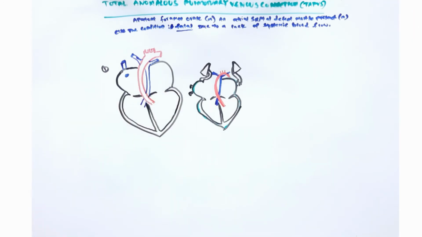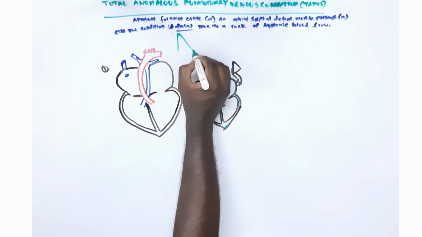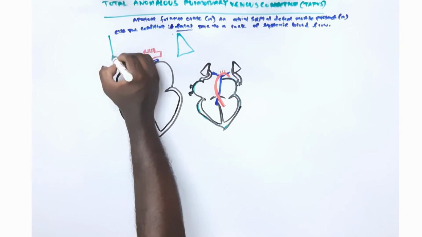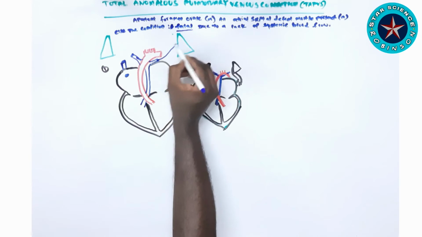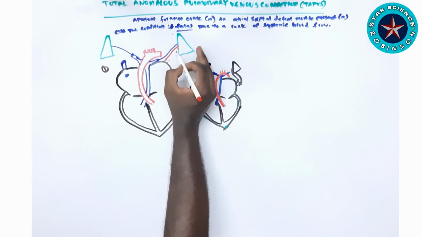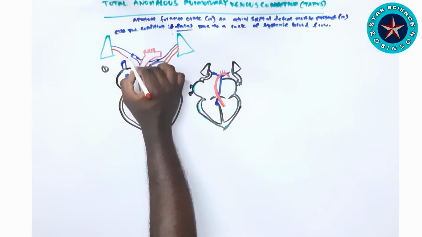I'll show you where the pulmonary vein will connect. The pulmonary vein will now connect into the vertical vein to the innominate vein, that is the superior vena cava. Right now I am showing you the lungs, how the pulmonary vein will come and connect to the superior vena cava. Here you have to remember the pulmonary vein should connect to the left atrium, but here it will go and connect to the right atrium, that is, the superior vena cava.